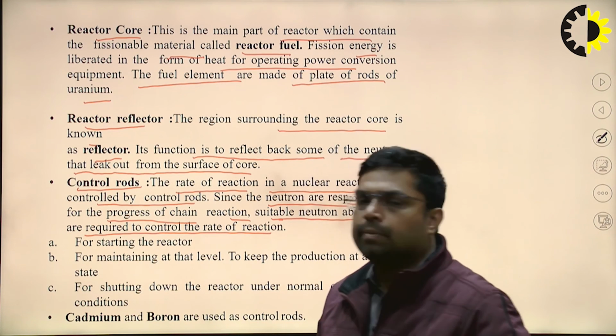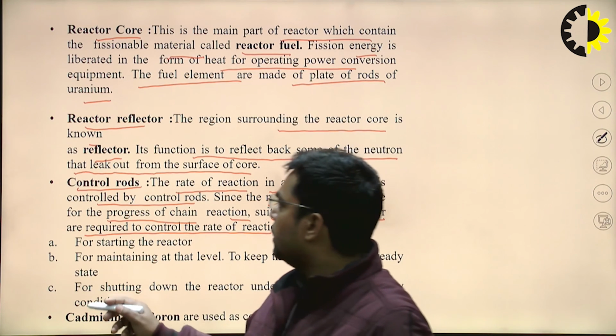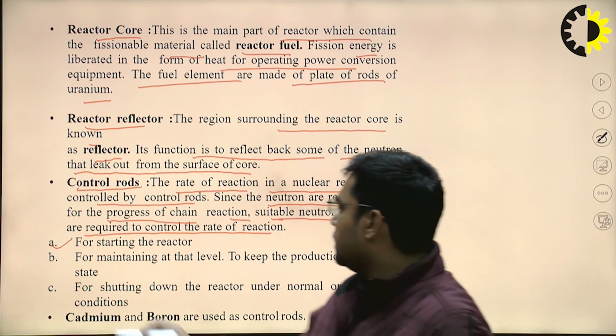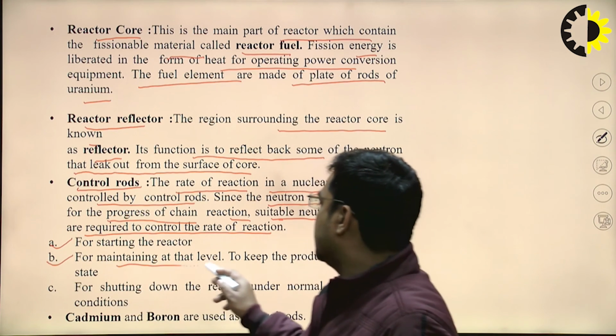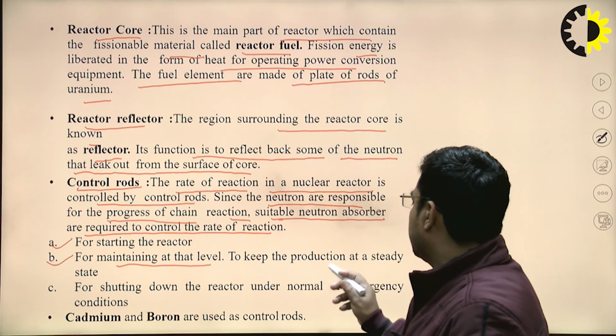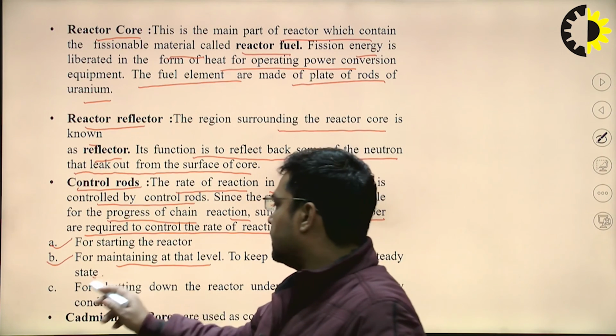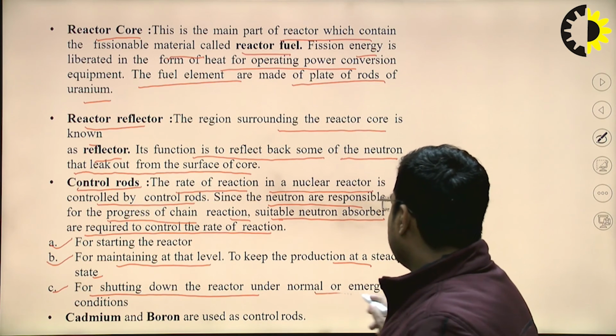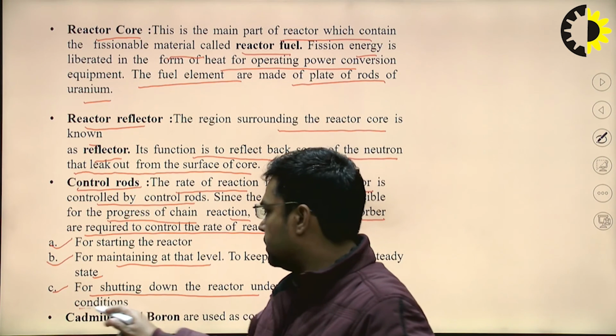These are some properties of the control rod: it is used for starting the reactor, for maintaining it at that level, and it produces the steady state. It is used for shutting down the reactor under normal or emergency conditions.